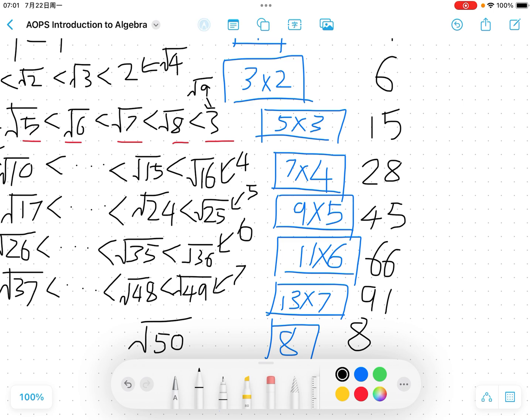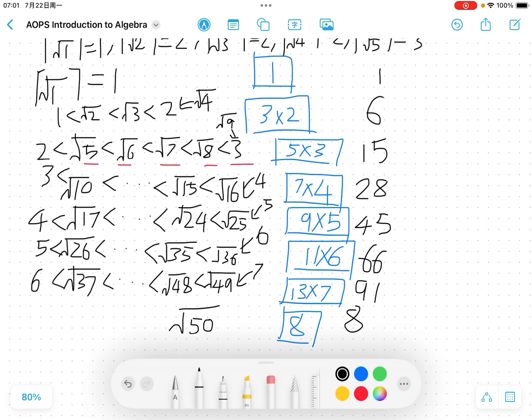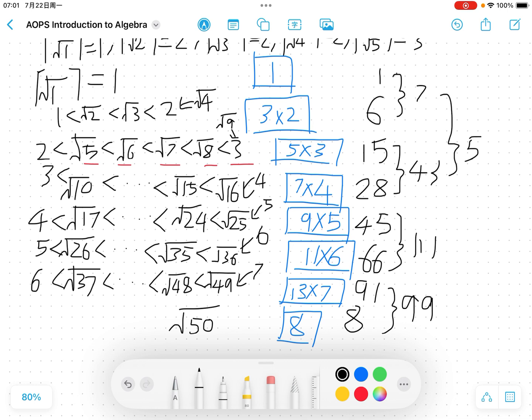This gives us 7 plus 43 plus 111 plus 99. That gives us 50 plus 210, which is 260. So our final answer is 260.